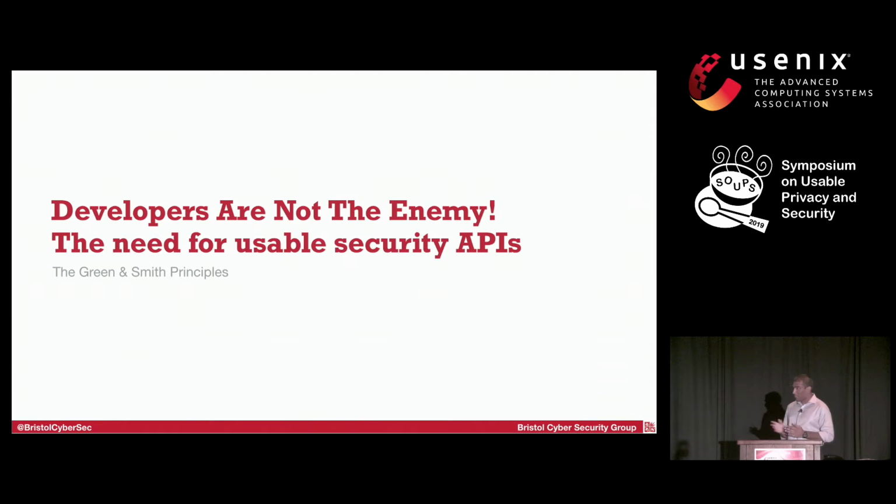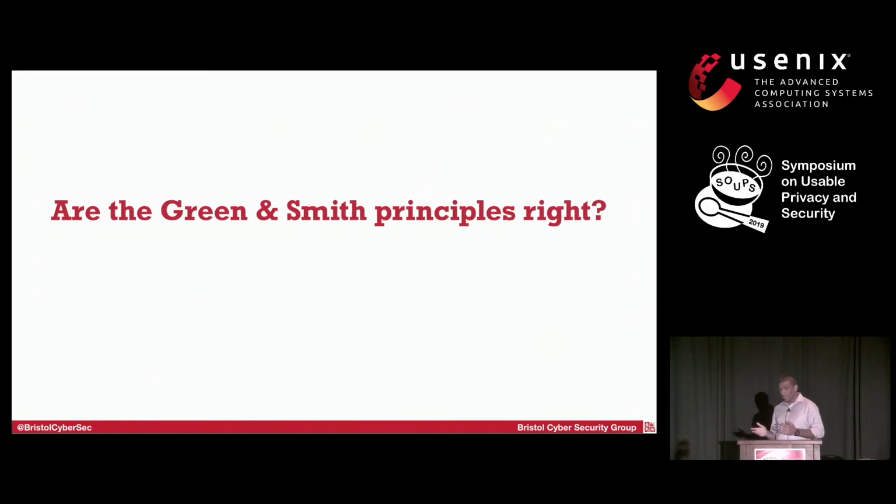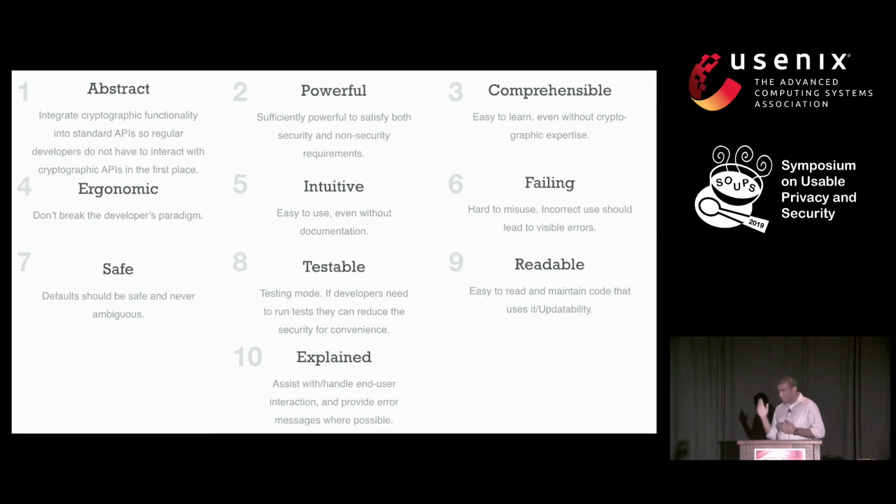Okay, so Green and Smith wrote this great paper. Basically, they took a list of usability guidelines for API usability, and reworked it to address crypto APIs. But are the Green and Smith principles right? Okay, so here are the 10 Green and Smith principles. One important point to note here is that the principles themselves are written in a positive manner.